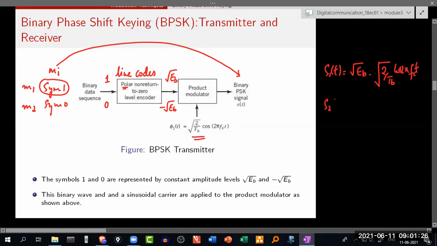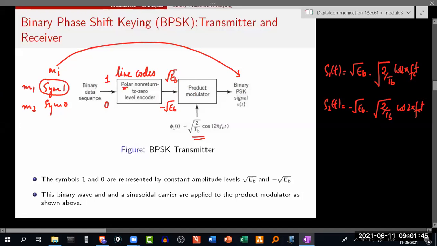And signal S2 of t is minus square root of EB into again this square root of 2 by TB cos 2 pi FCT.